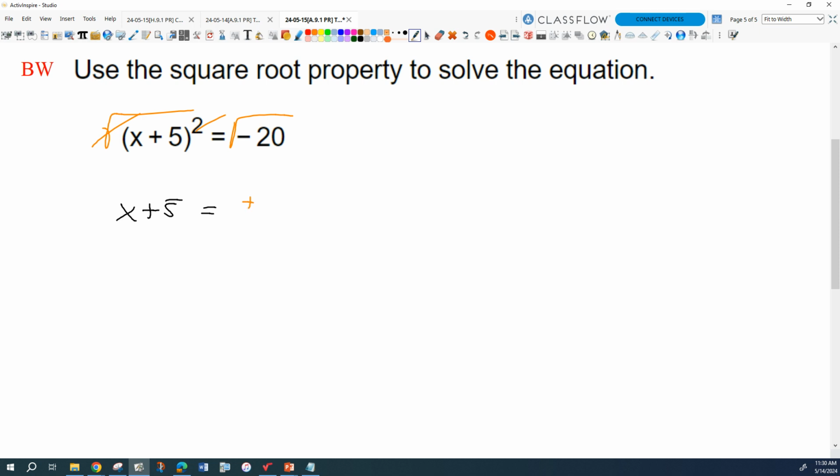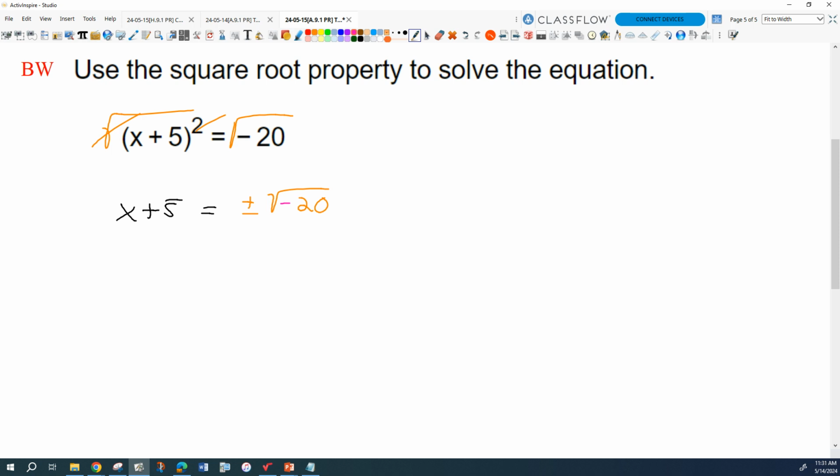Plus or minus the square root of negative 20, right? Okay, we got to simplify that though. Simplify that radical. What does that become? 2 radical 5. Okay, good. The square root of 20 becomes a 2 radical 5 because I get a couple of 2's and a single 5 when I factor.